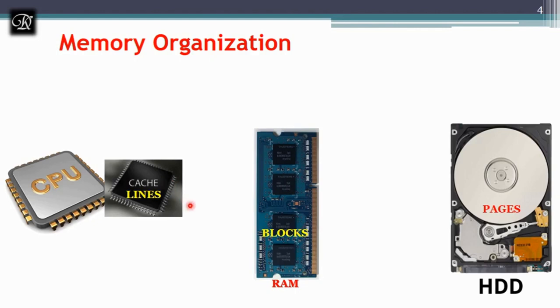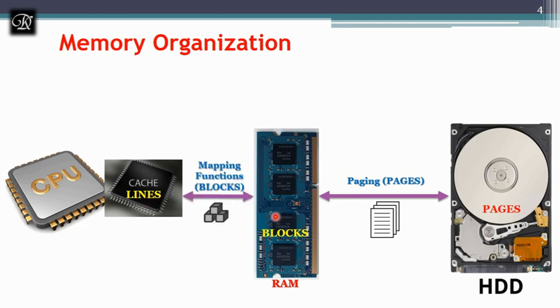When we take pages from the hard disk to RAM, the process is called paging, and we have something called the page table, which we will not discuss. But from RAM to cache, we get the blocks with the help of mapping functions. There are 3 mapping functions, which we'll see in the next slides.